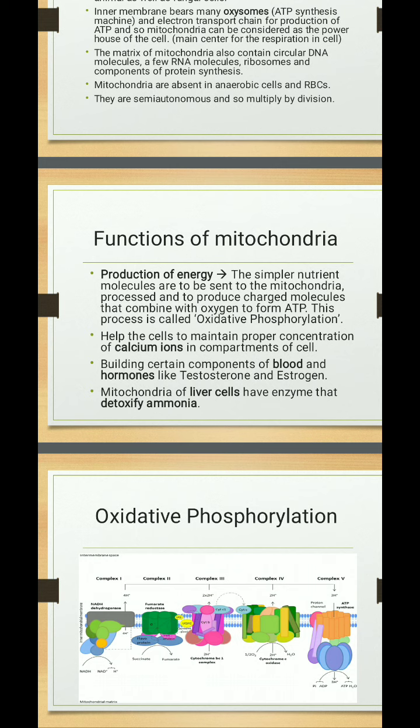These charged molecules will produce electrons. The electrons are transferred from one complex to another complex by using electron carriers, and those electrons will finally be transported to complex 5, which is ATP synthase.